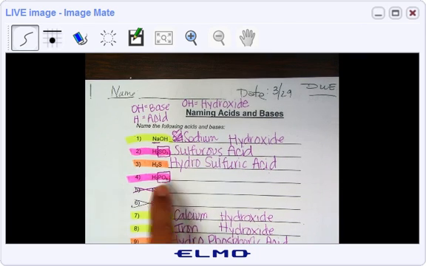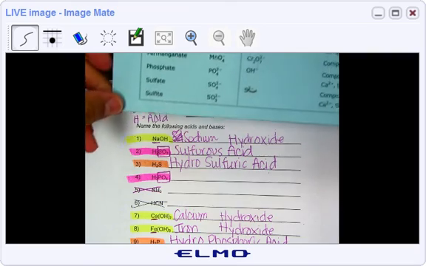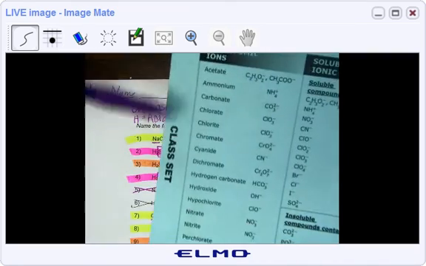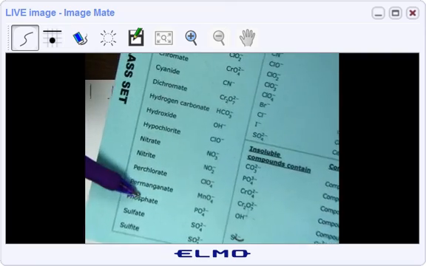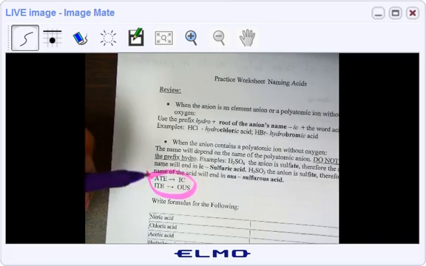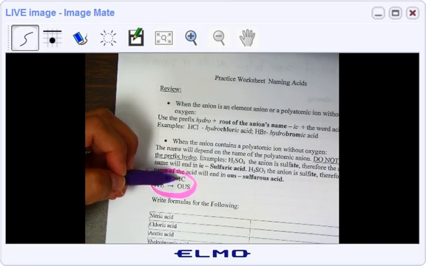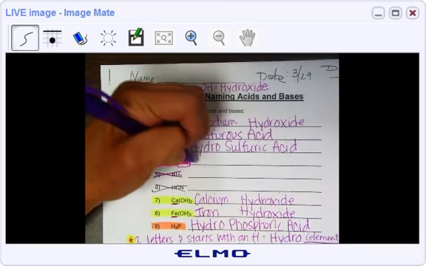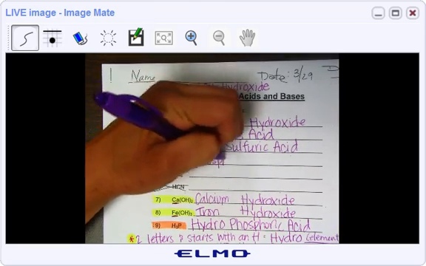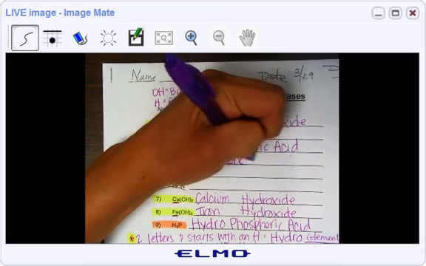Okay, and PO4, I'm going to look at the polyatomic chart for PO4, which is right here, and it's phosphate, ATE, phosphate. So I change it to IC. So it would be phosphoric acid.